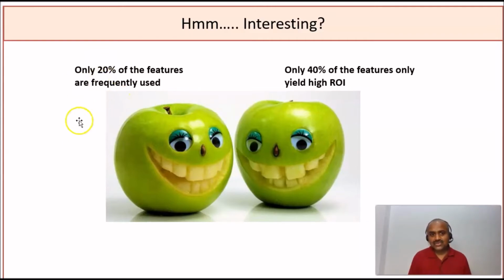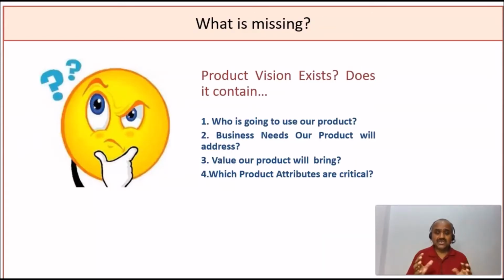It relates to this concept, that only 20% of the features are frequently used. But when it comes to development of a product, we invest a lot. We take each feature as very important, right? So what is missing? Why only 20% of the features are frequently used by the end users, and why only 40% of the successful projects are providing high return on investment?